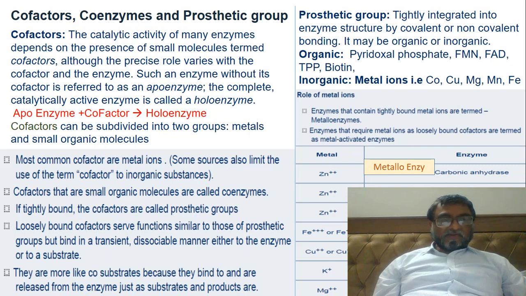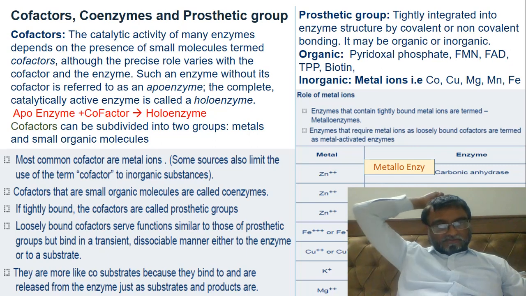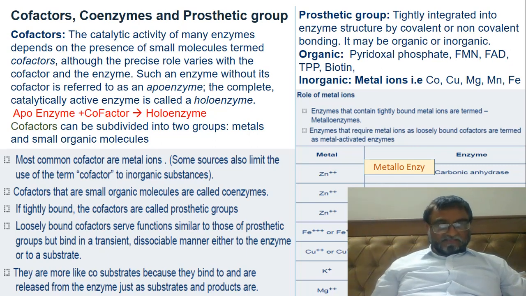Further, these cofactors can be subdivided into two groups. It may be a metal type of substance, or it may be a small organic molecule. Most of the common cofactors are in the form of metal ions, sometimes ferric, sometimes ferrous, sometimes copper, and some other metal ions.